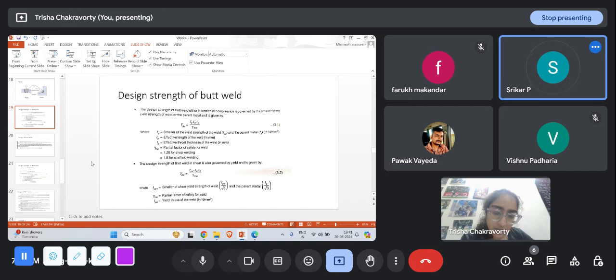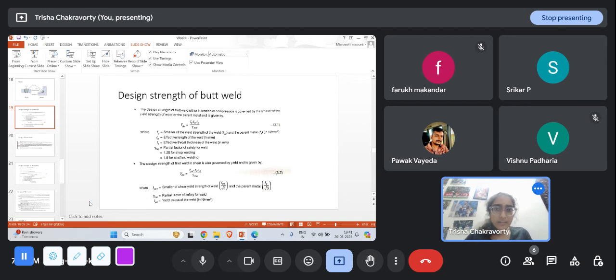Remember when we used to study concrete, we found that there were four kinds of forces: bending moment, torsional moment, axial force, and shear force. For torsional moment and bending moment, we get something in kilonewton meter, and for axial and shear, we get a force in kilonewton.